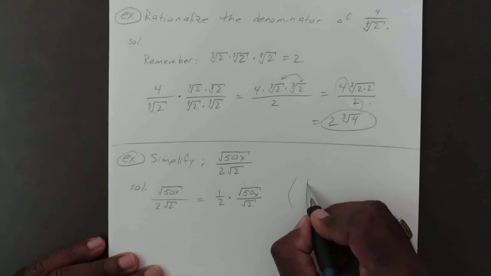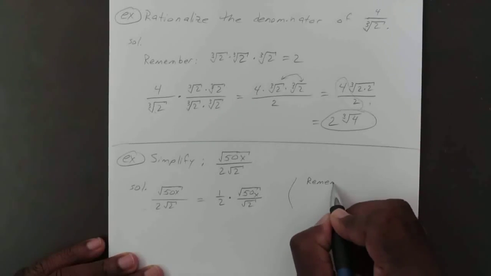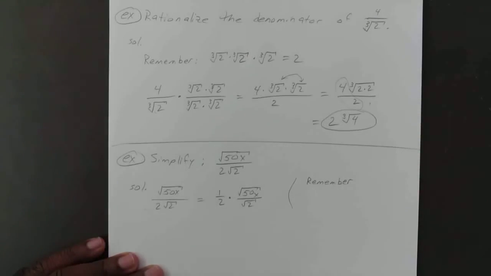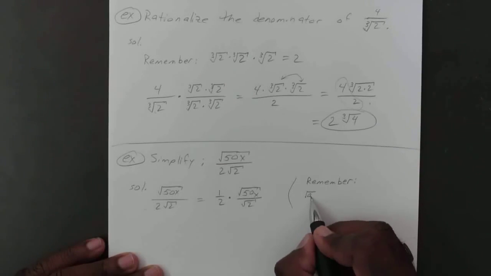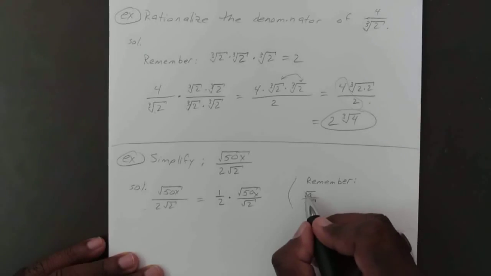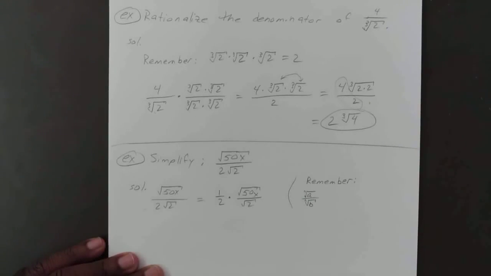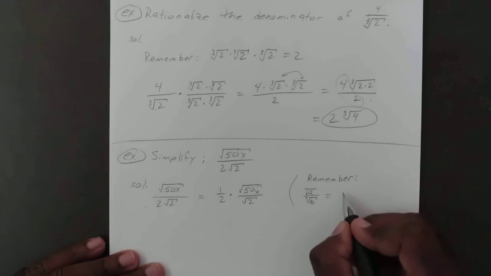All you have to do is remember that square root of a over square root of b, we'll say nth root because it applies for all those, nth root of a over nth root of b is equal to the nth root of a over b.